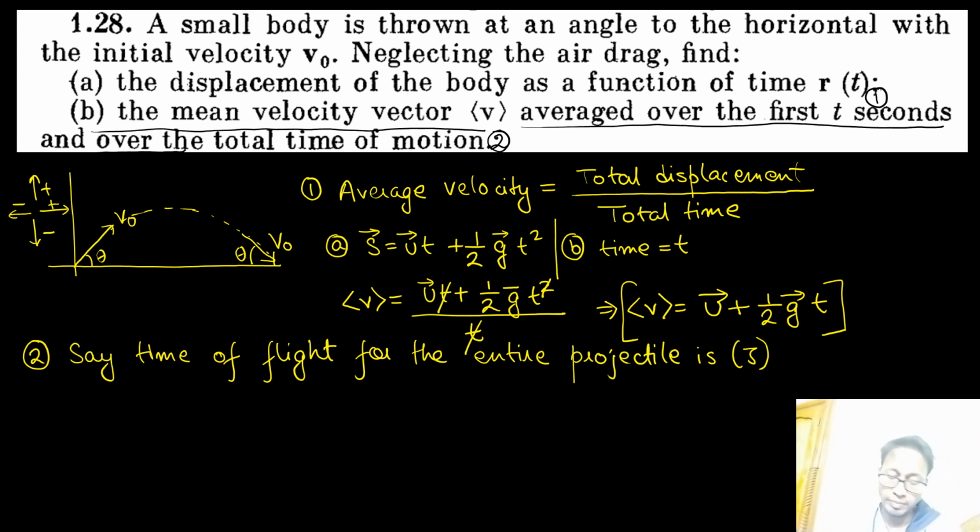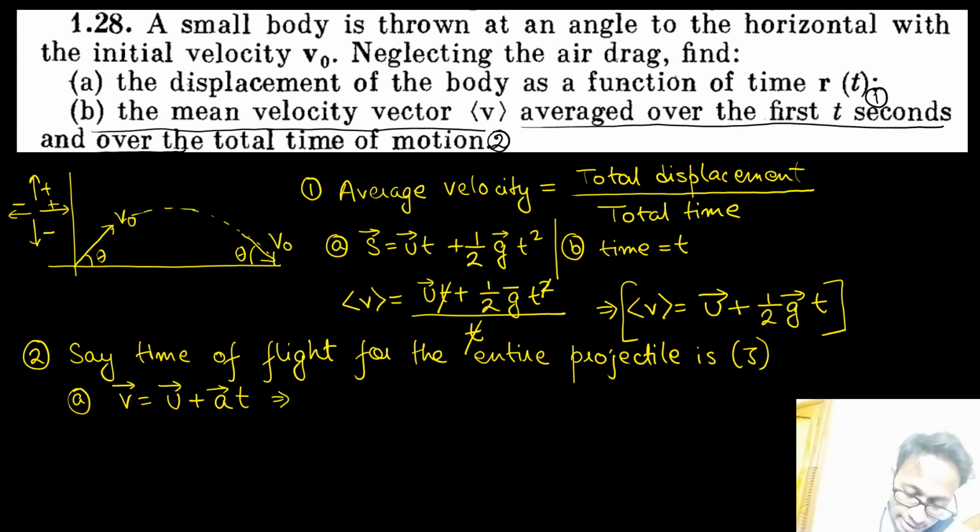This is my assumption here. Now I must play a little bit with equations. We know that v is equal to u plus at, or v vector is equal to u vector plus a vector into t.